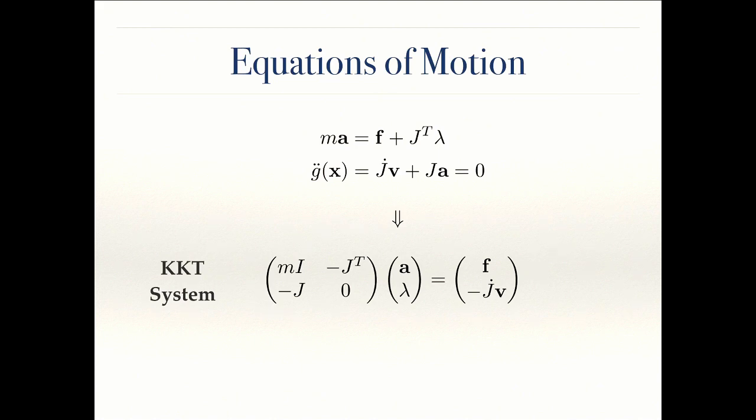Mass on the diagonal multiplies the acceleration, and then the first set of equations is my F equals ma, and the second set of equations is my differentiated constraint. Okay, so the structure of this system comes up a lot in constrained dynamics. It's called a KKT system, for Karush-Kuhn-Tucker. It also comes up in constrained optimization problems, which you can very closely relate constrained dynamics to.